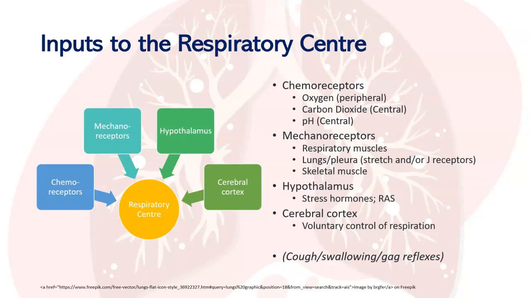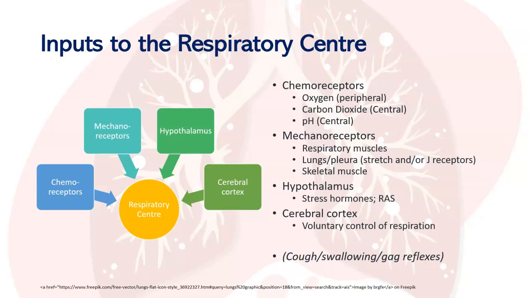There are many different factors which affect the cyclicity and the activity of the respiratory center. And these can be divided into chemoreceptors, mechanoreceptors, the hypothalamus, and the cerebral cortex. There are chemoreceptors which detect oxygen levels in the blood, carbon dioxide levels in the blood, and the pH.